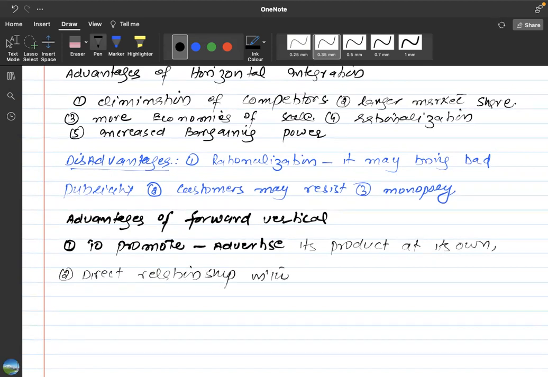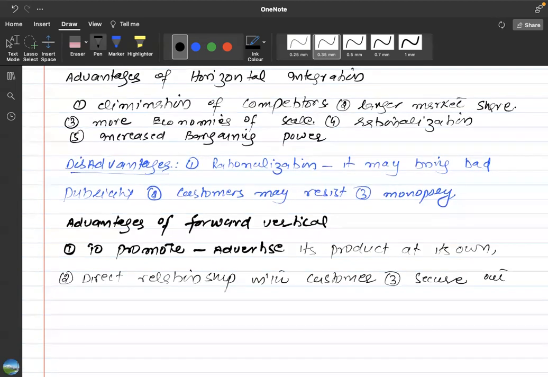It means they will get the direct feedback too, and they can alter the product according to the needs of customers now. It gives a secure outlet where the products can be sold, and business can also make sure that the competitors' products are not being sold there.